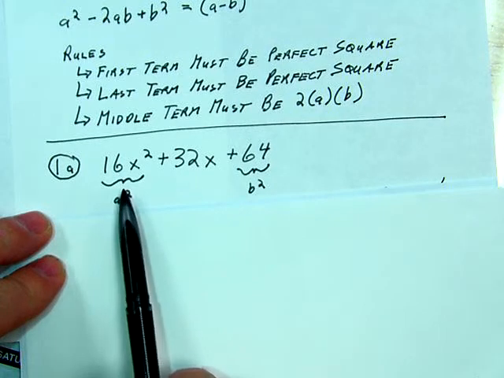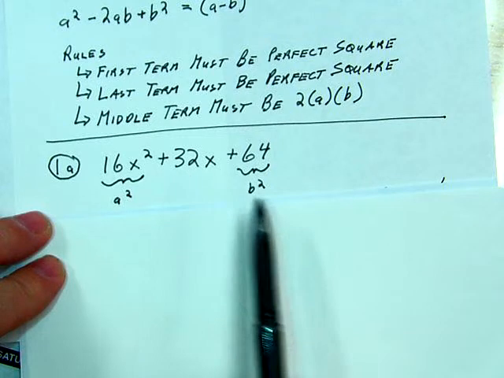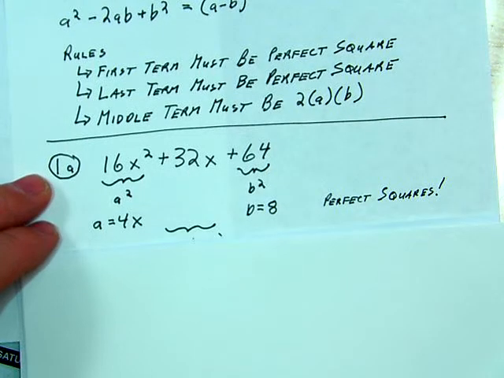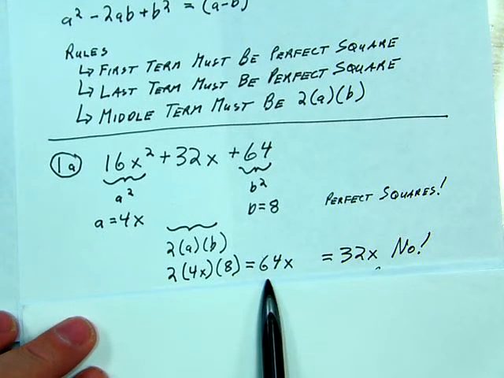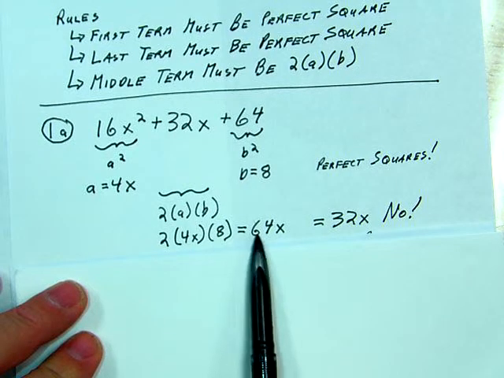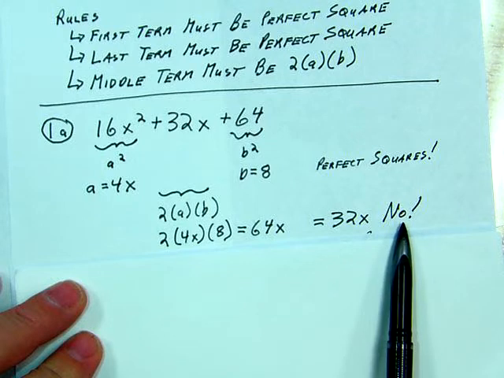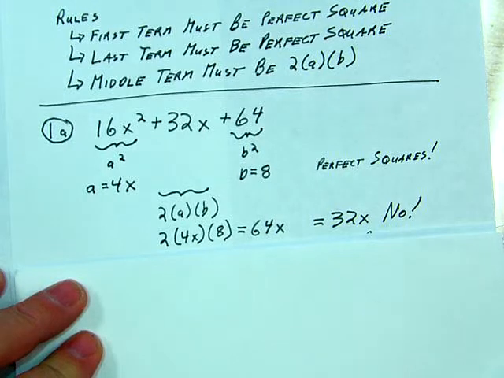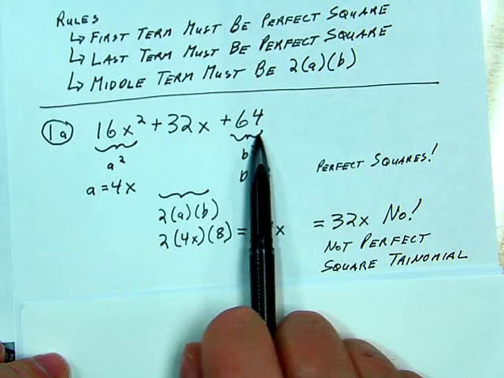So what's 4x times 8 times 2? Well, 4x times 8 times 2 is 64x. Okay? And when you do that calculation out, is it equal to my 32? No, it isn't. So this is not a candidate for using the perfect square trinomial. Not a perfect square trinomial, so this can't be broken down any further.